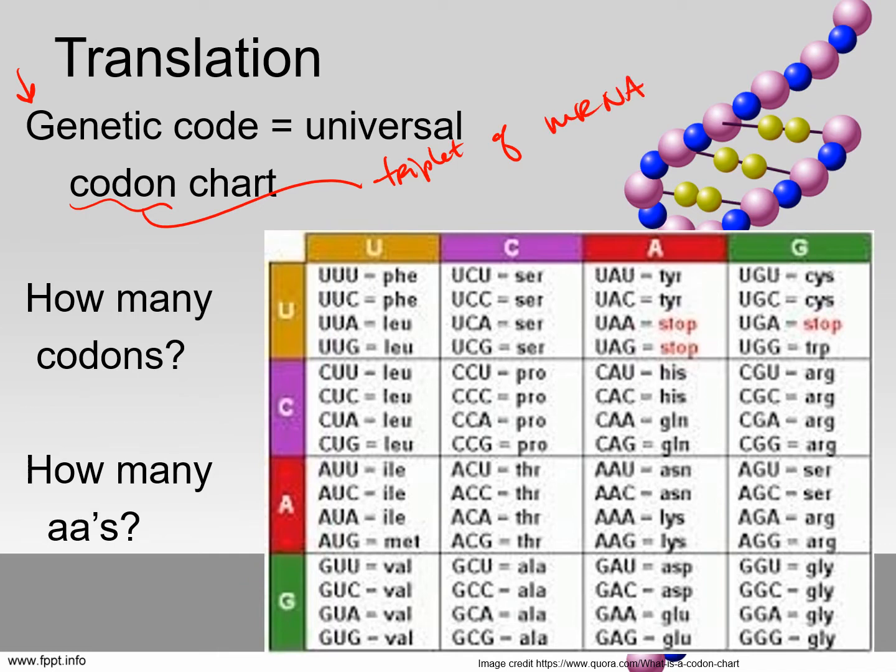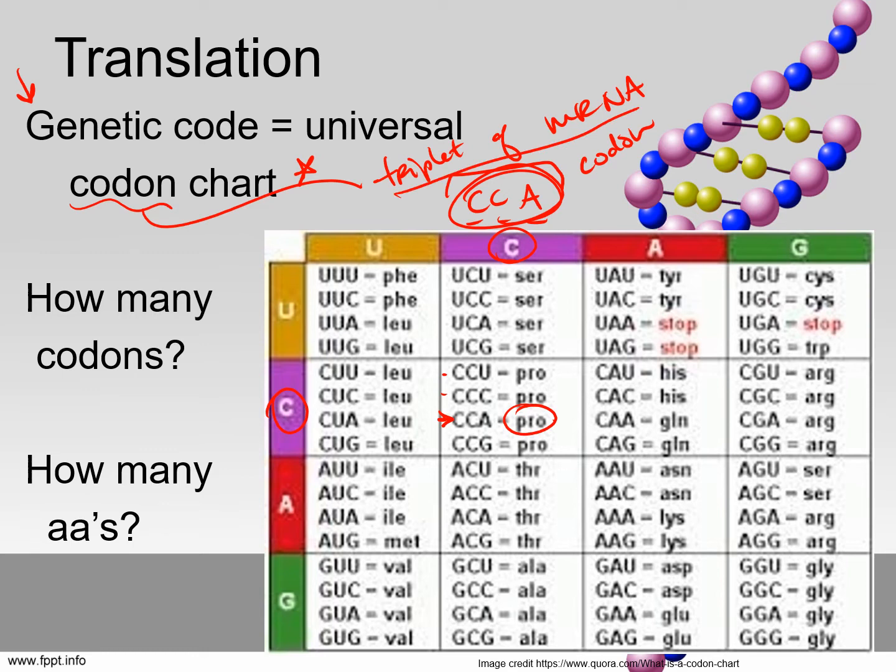So if I'm looking at maybe CCA, this triplet or codon of messenger RNA nucleotides, I can look up in my fancy schmancy codon chart to figure out what amino acid is coded for by that. So I find the C and I find the next C, and then I'm like CCA. CCA is right here. That amino acid is proline. So I know that proline is coded for by this codon, this triplet of messenger RNA.